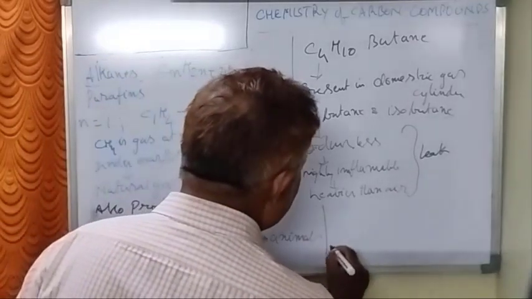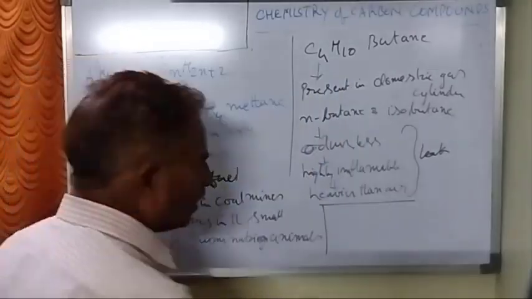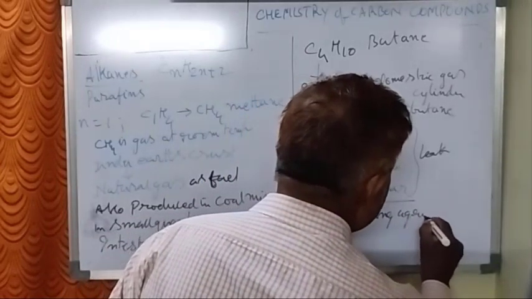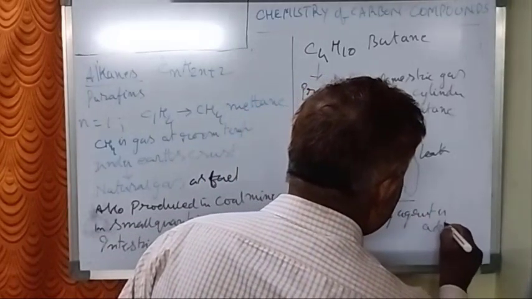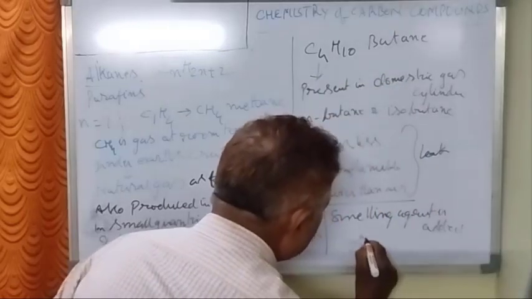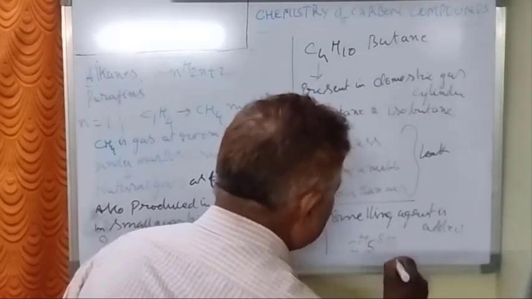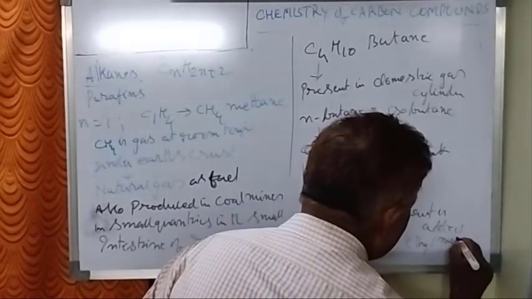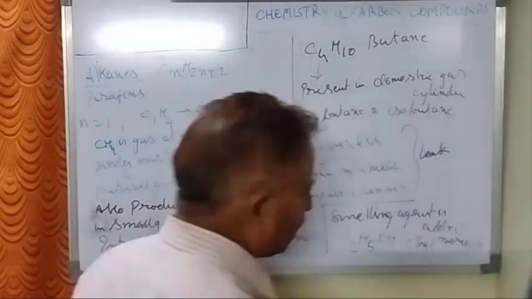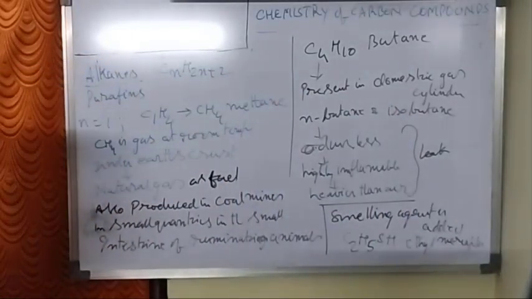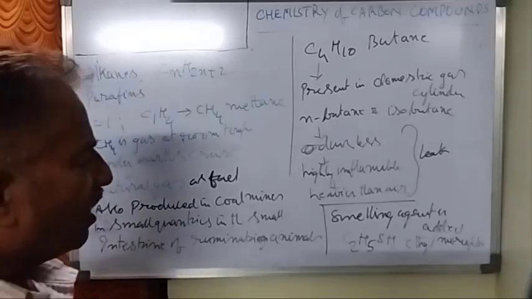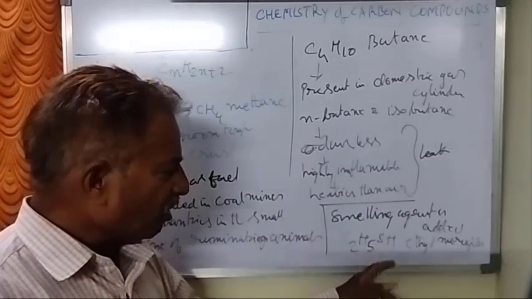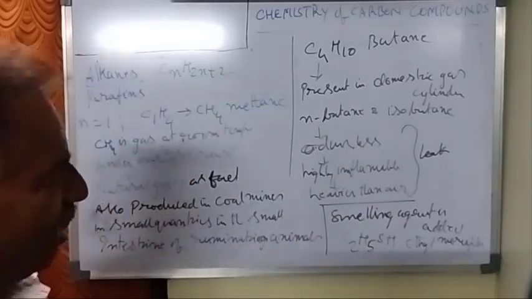Therefore, to identify the leakage, a smelling agent is added. That smelling agent is C2H5SH, ethyl mercaptan. This ethyl mercaptan has a unique smell, and no other substance has this smell. That's why butane and isobutane are mixed with a small quantity of ethyl mercaptan, so the leakage of gas can be identified.